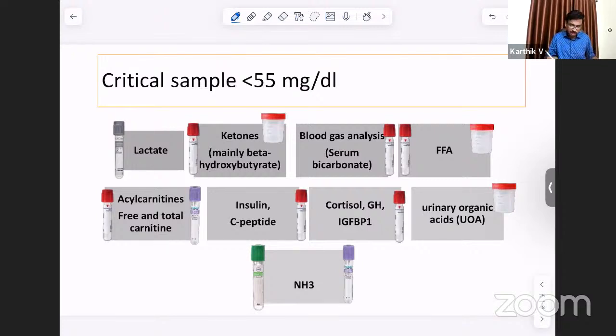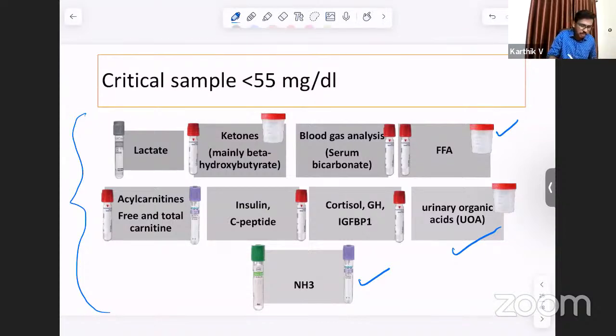If you look at this, you can see free fatty acids, ammonia, urinary organic acid, but these are for children, especially when you are suspecting a metabolic disorder. So this is the entire spectrum of samples which encompasses all the causes for hypoglycemia, all the metabolic causes, the insulin-dependent causes, independent causes, everything.